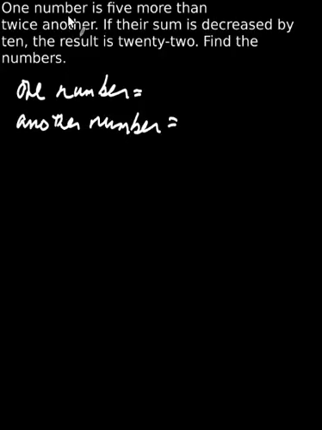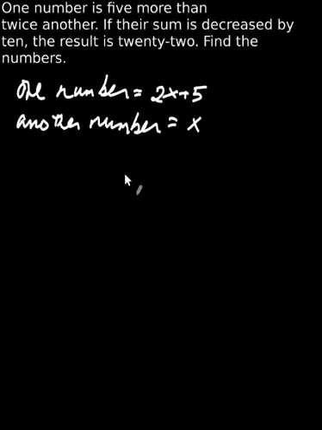Because one number is 5 more than twice another, and the one number refers to another, I'm going to let another number be called x. One number is not 5 more than this, it's 5 more than twice another. Twice another would be 2x, but it's 5 more than that, and that's why it's 2x plus 5.